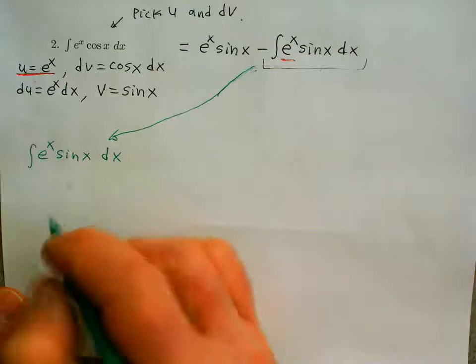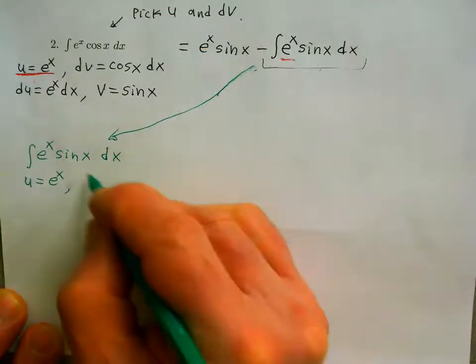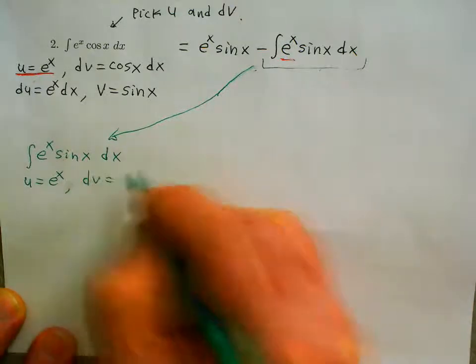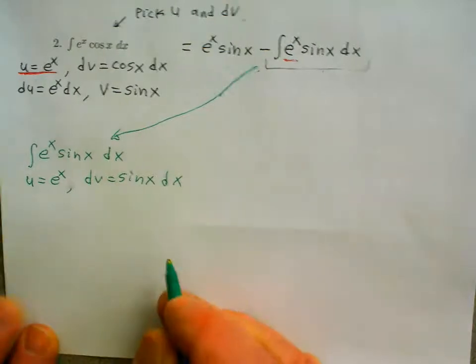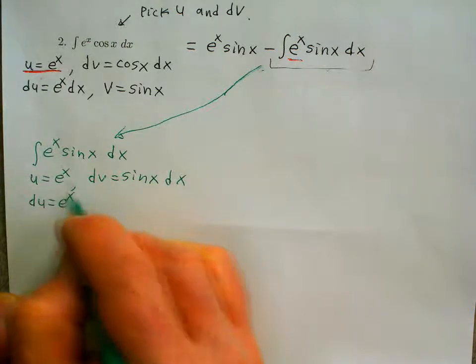So we pick u to be e to the x and pick dv to be sine of x dx. And the differential du is e to the x dx.